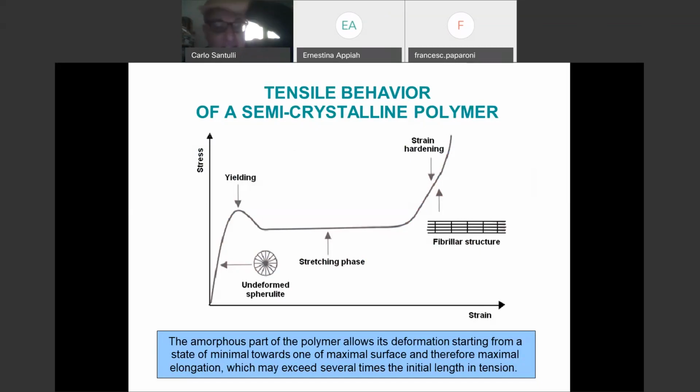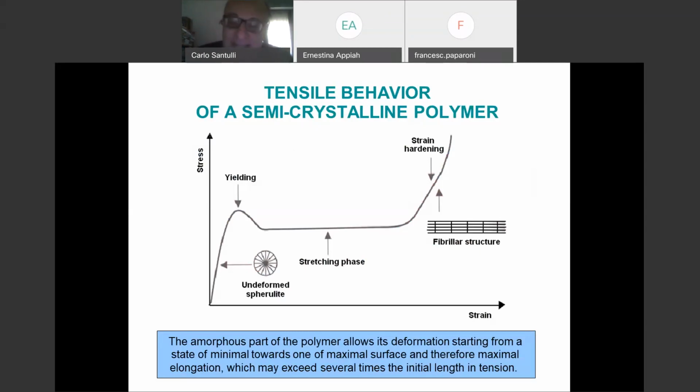Here it is in tension, and at the end you have a fracture, of course, failure, but you can have a stretch up to 200, 300%, depending on the polymer. The interesting thing is that here you can see that it's not a straight line at the beginning up to yielding. It is sort of a straight line, but with some curvature.